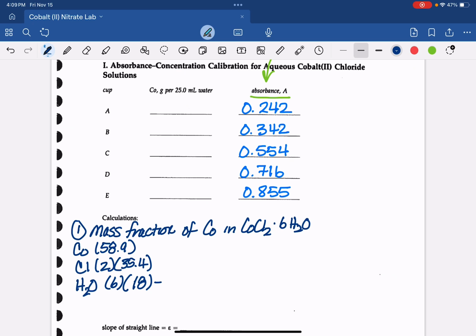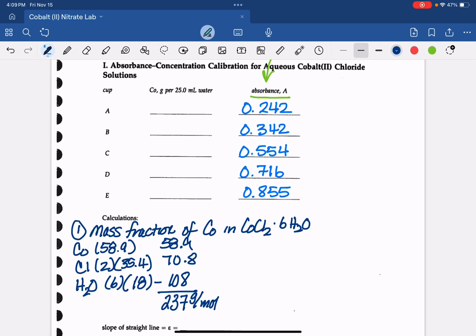Okay, so that gives me 58.9, 70.8, and 108. All right, so I'm going to total them to get a sum, and that gives me approximately 237 grams per mole. Okay, and again, I may have rounded a little bit.